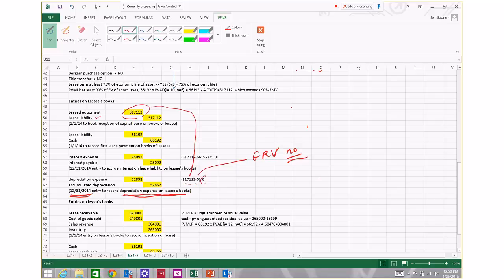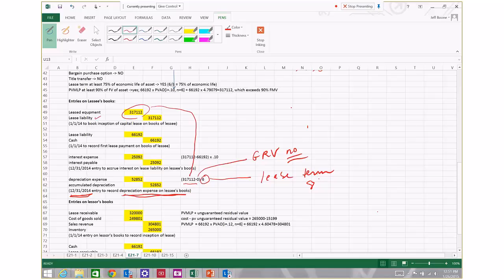And they depreciate that over, in this case, the lease term of 6 years. If this lease had a bargain purchase option or transferred title to the lessee at the end of the lease term, they would have depreciated this not over the lease term, but over the economic life of the asset, which I believe is 8 years.